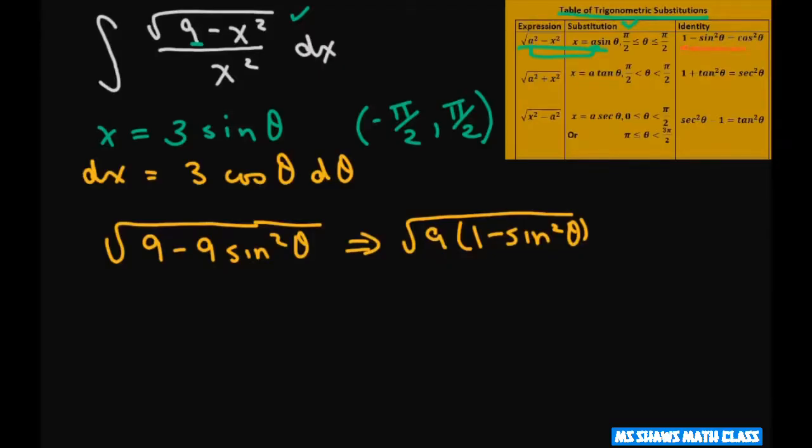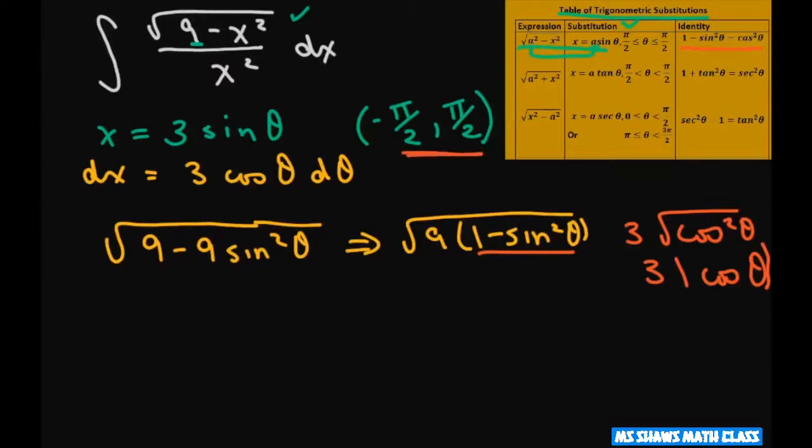We're using this identity, so I can pull out the 3, and 1 minus sine squared of theta is cosine squared of theta. So that's going to be 3 absolute value of cosine of theta. But cosine is positive in these two quadrants, so we can take away the radical sign. So we basically just have this equals 3 cosine of theta.